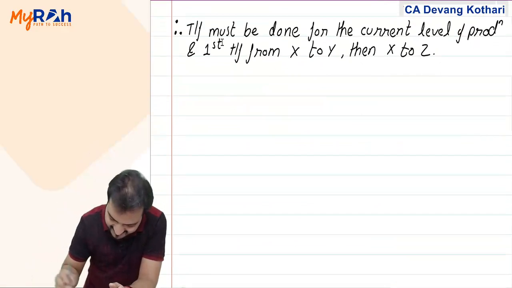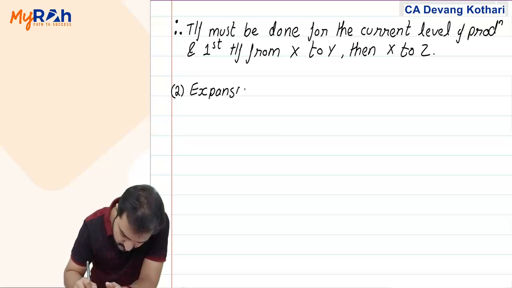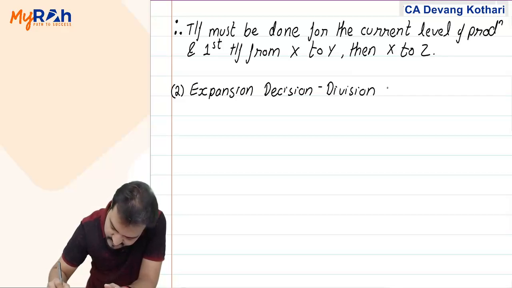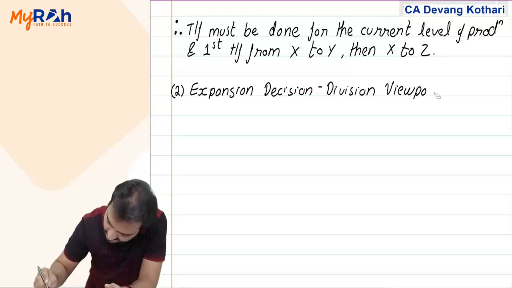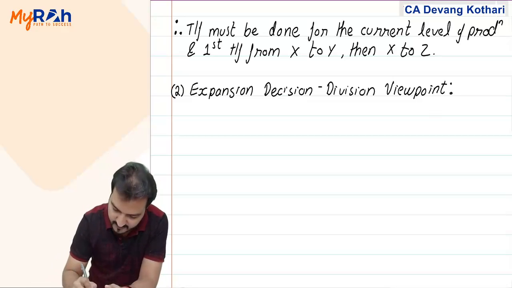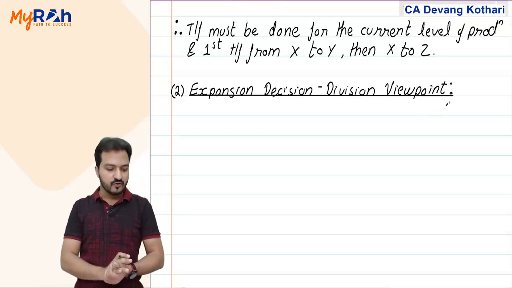Further, we also talk about the expansion decision. Expansion decision from the division viewpoint, and then I'll also discuss the expansion decision from the overall company viewpoint. Expansion decision from the viewpoint of each division.